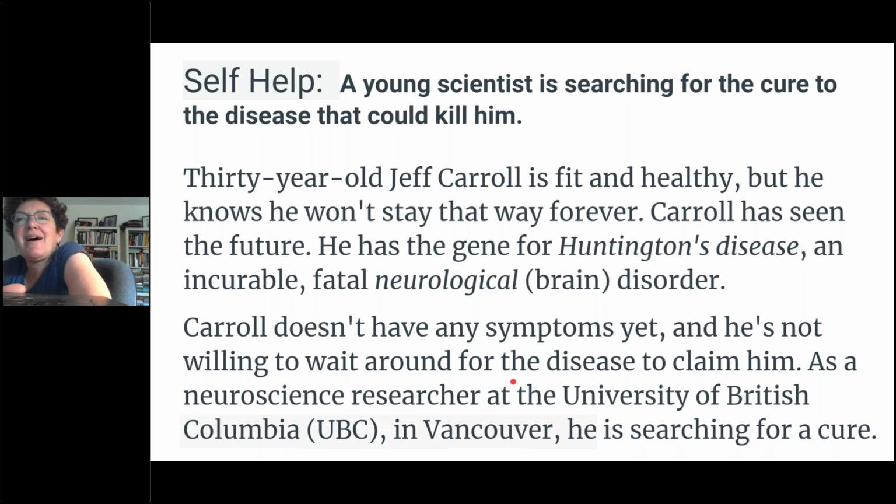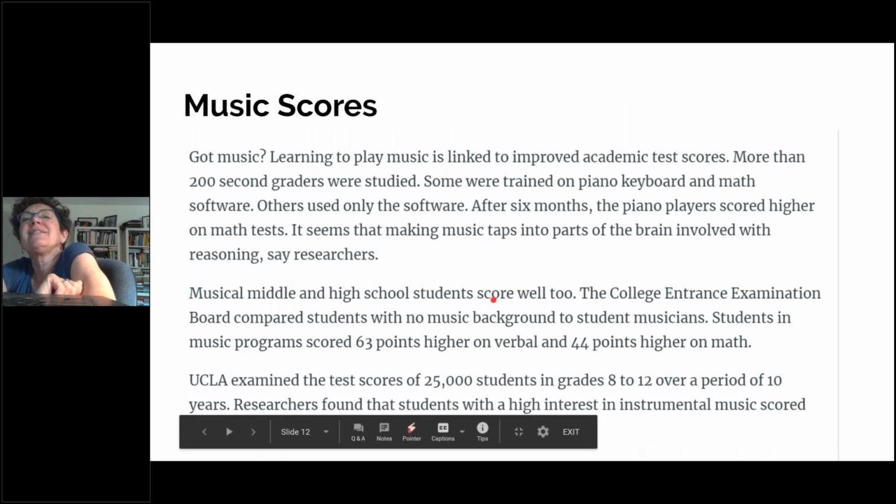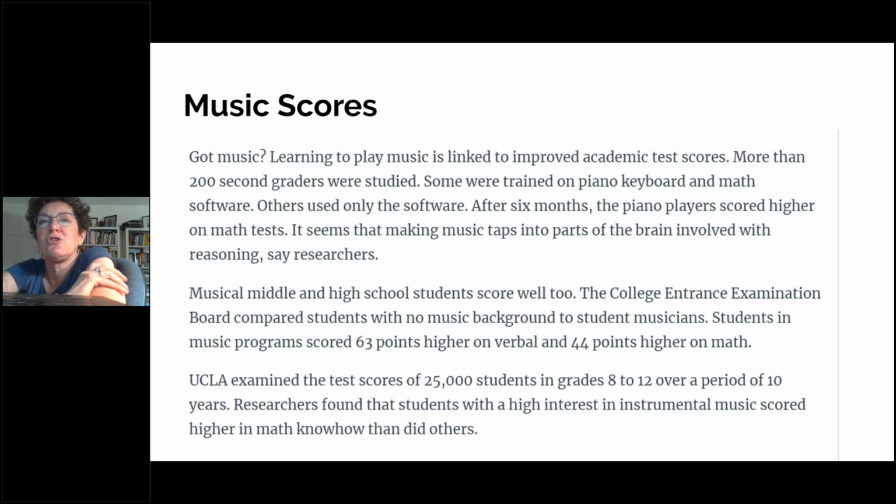Okay, let's look at the next thing. This is another passage from a GED prep test, and it says music scores. Got music? Learning to play music is linked to improved academic test scores. More than 200 second graders were studied. Some were trained on piano keyboard and math software. Others used only the software. In 6 months, piano students scored higher on math.